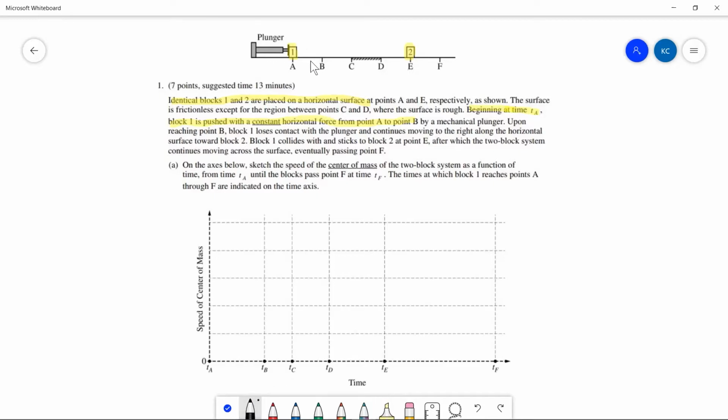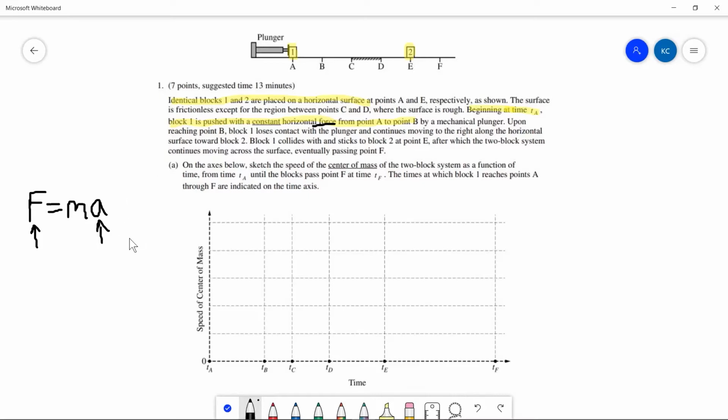So back to block 1, it's pushed with a constant horizontal force. Due to Newton's second law, we know force is equal to mass times acceleration. So with the presence of a force, an acceleration also exists.